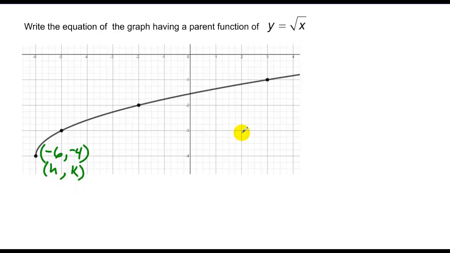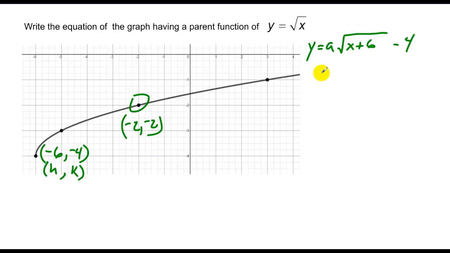I tend to ignore the b when I'm writing equations and just always make that 1 and find my a value. So currently I have y equals a root x plus 6 minus 4. I need to find a, which means I'm going to need another point. So I'll use this point right here of -2, -2, and plug that in for x and y.